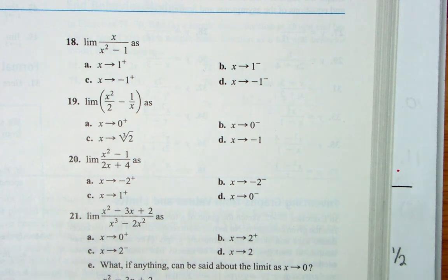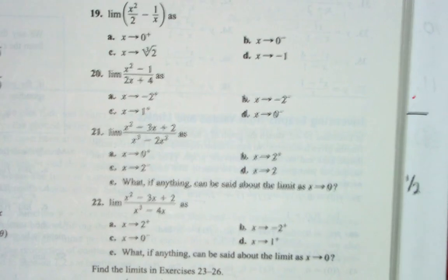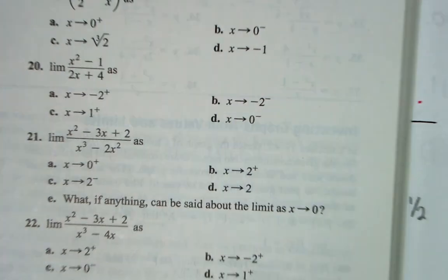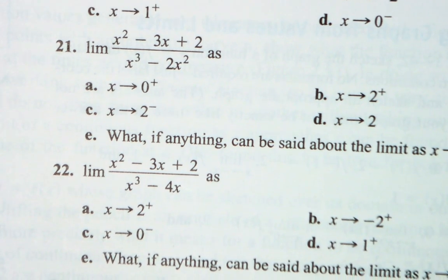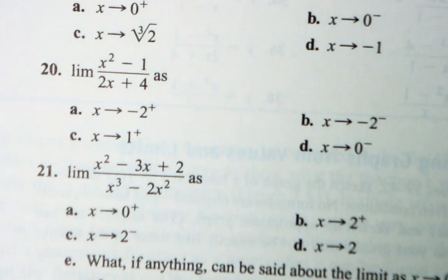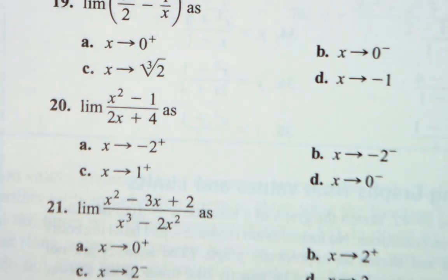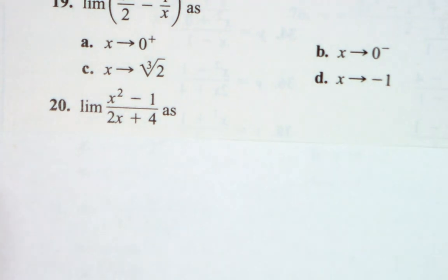Okay? So here's what I want you to do. Why don't you guys try 20 real quick? I've got it right here, so you don't necessarily have to have yours open. I'm going to go ahead and factor it first for myself.